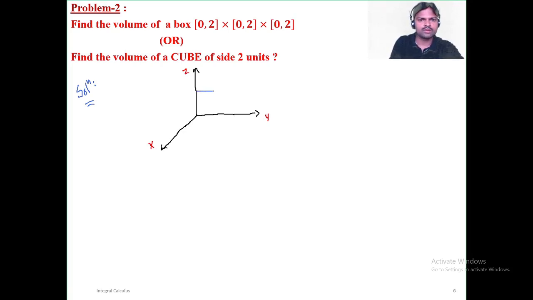Start from here. Remember all the lengths are the same. And spread towards the xy plane.